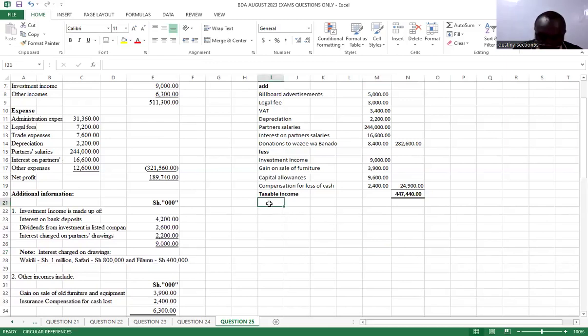So this one will be allocated, or let me just call it allocated as follows.